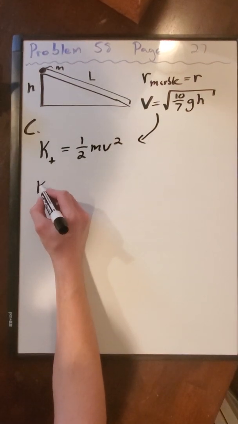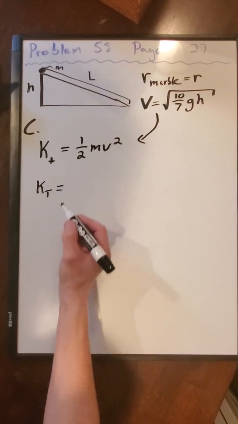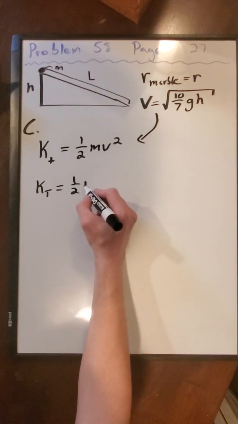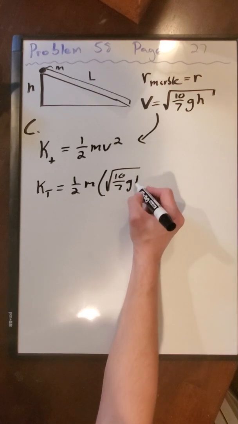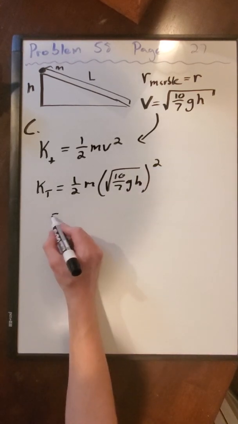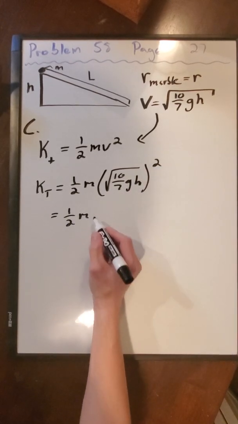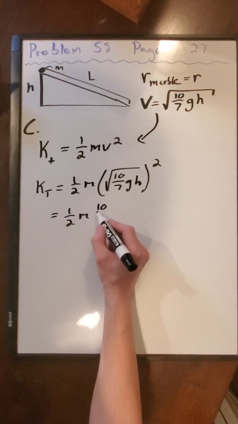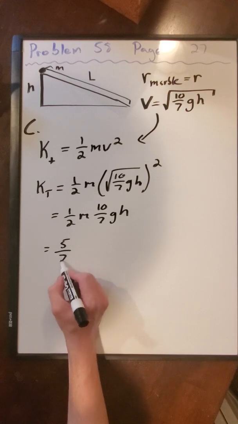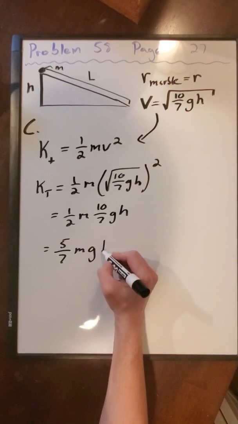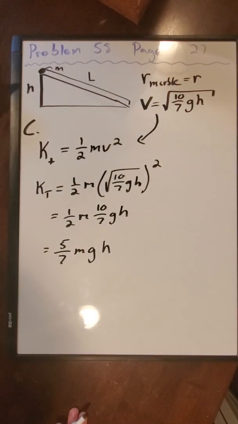We get our translational kinetic energy is equal to 1/2 times the mass times our velocity squared. Whenever we simplify this all out, we'll find that it actually comes out to be a very nice number. And we end up getting 5/7 times the mass times gravity times height is equal to our translational kinetic energy.